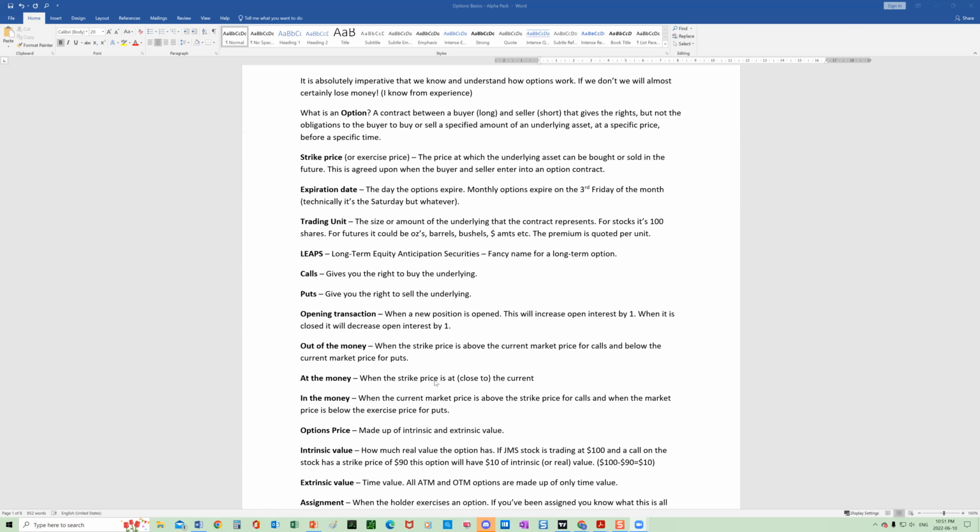If an option has intrinsic value, that is real value. So if XYZ stock is trading at 100 and the call on the stock has a strike price of 90, this option would have $10 of real or actual value.